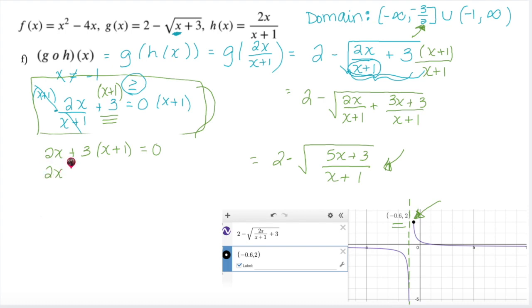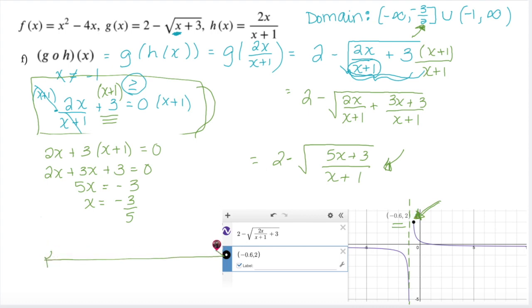So 2x plus 3x plus 3 is still equal to 0. I now have 5x equal to -3 when I subtract 3 over and combine like terms. And when I do -3/5 and turn that into a decimal, we end up with -6/10 when rounded.